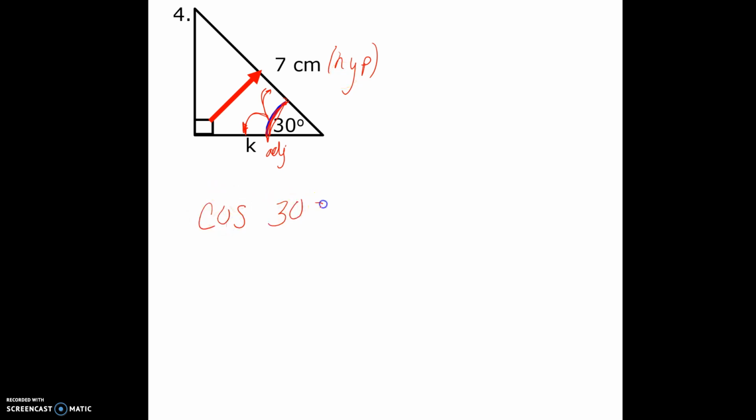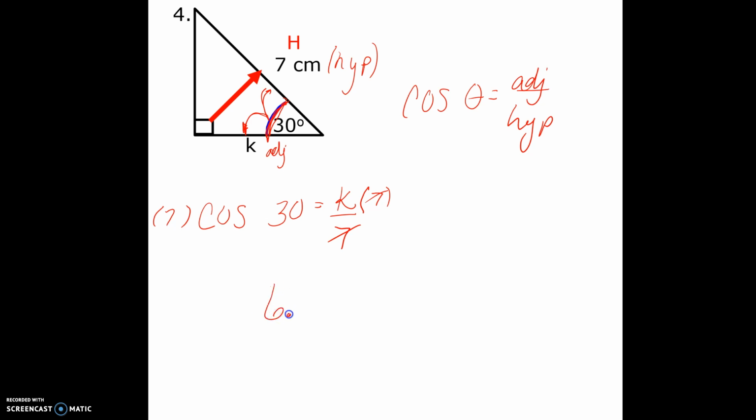Cosine of 30 will equal adjacent over hypotenuse, because cosine of my angle equals adjacent over hypotenuse. So we're just filling in: here we put the angle, here we put the variable, and here we put the ratio. Then to get k by itself, we'll multiply both sides by 7. And we have 7 cosine 30. You could have done this with your special right triangles also. So we get 6.06 for my side.